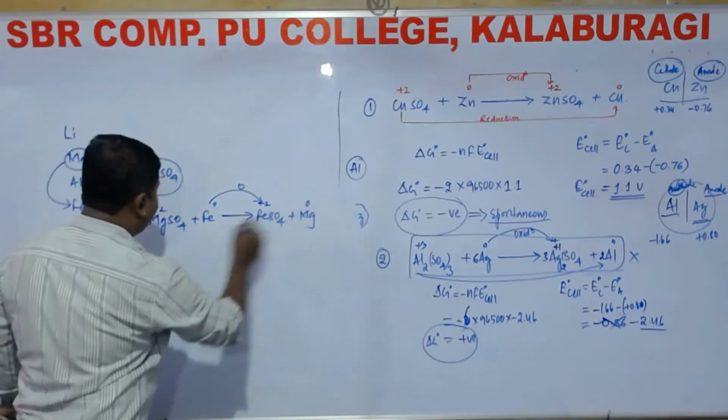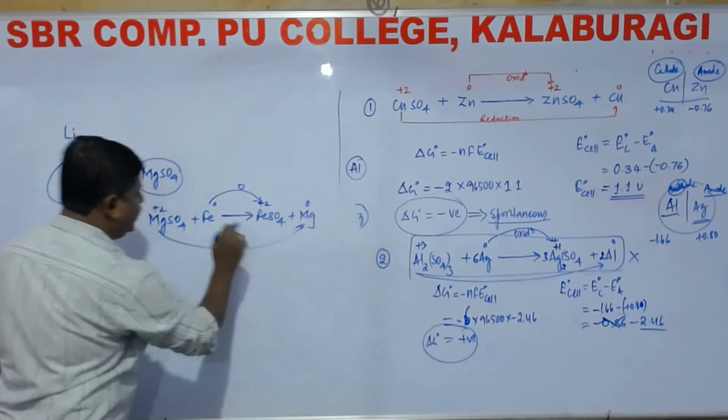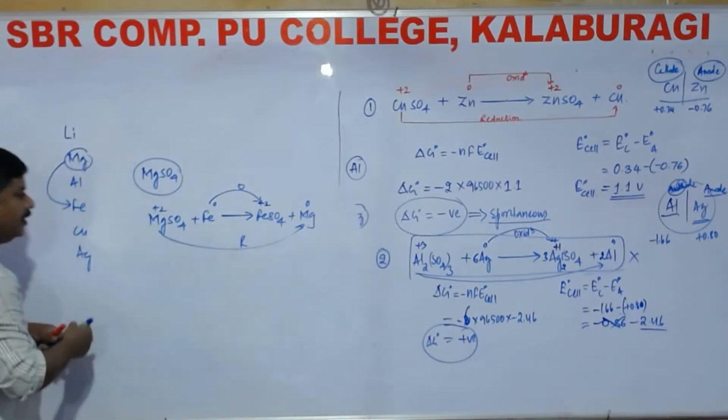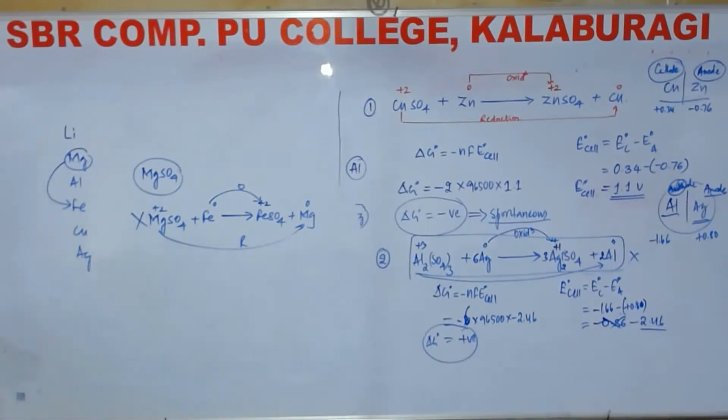Magnesium +2 to 0, this is considered to be reduction. Here magnesium is the one that has to undergo oxidation, hence this does not take place. But the reverse takes place. FeSO4 plus magnesium gives rise to MgSO4 and Fe. That is going to be possible.